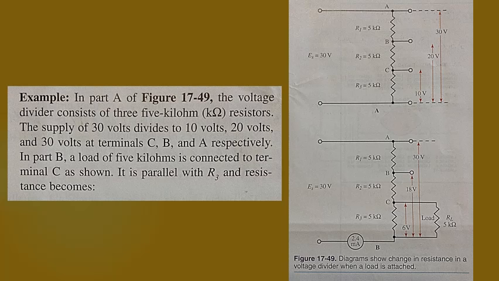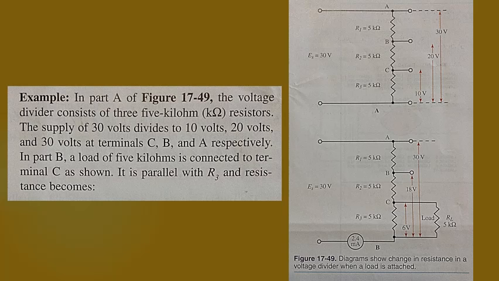Do not neglect the effect of connecting a load to one of the taps on a voltage divider. This load is in parallel to the voltage divider resistor. It decreases total resistance and therefore changes the voltage at that tap.